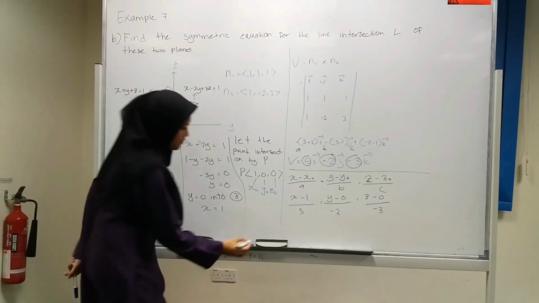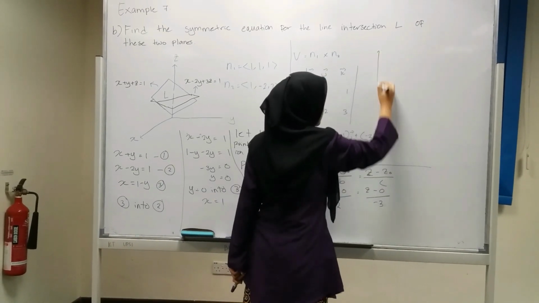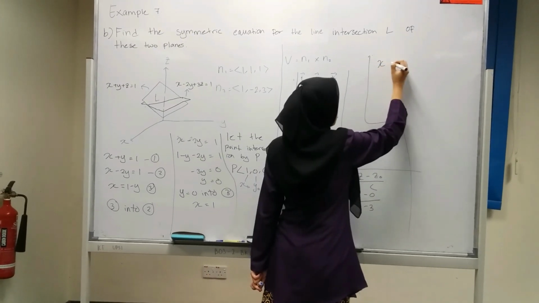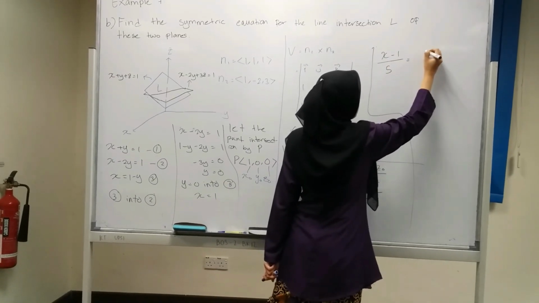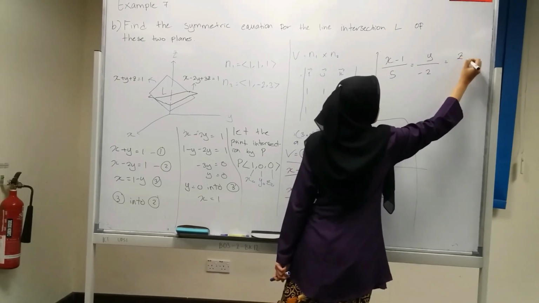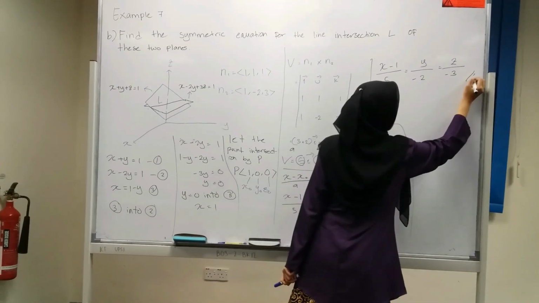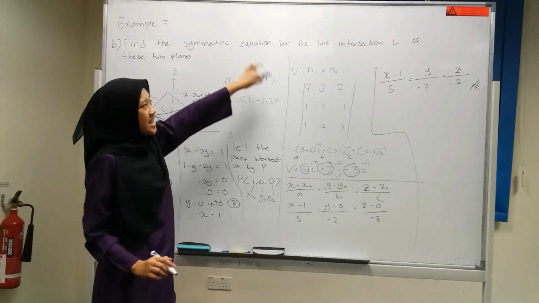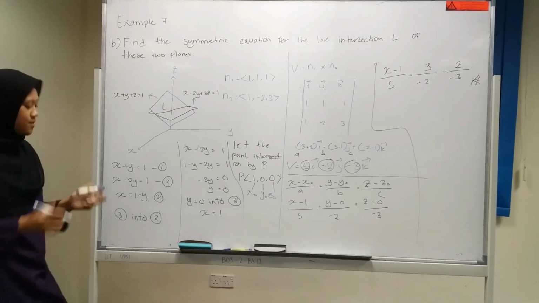We can just simplify it, and we can get the symmetric equation x minus 1 divided by 5 equal to y divided by negative 2 equal to z divided by negative 3. So this is the symmetric equation for the line intersection L of these two planes.